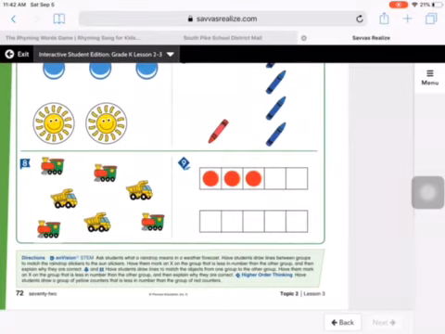For number 7 and 8, students will draw a line to match the objects from one group to the other group. Have them mark an X on the group that is less in number than the other group, and then explain why they are correct. And for number 9, have students draw a group of yellow counters that is less in number than a group of red counters.